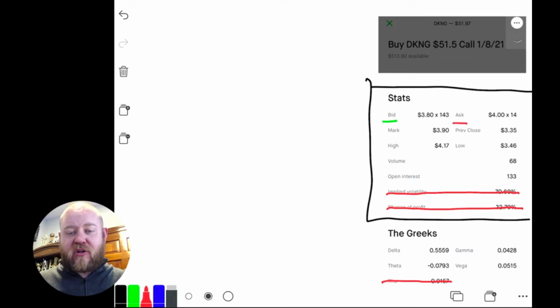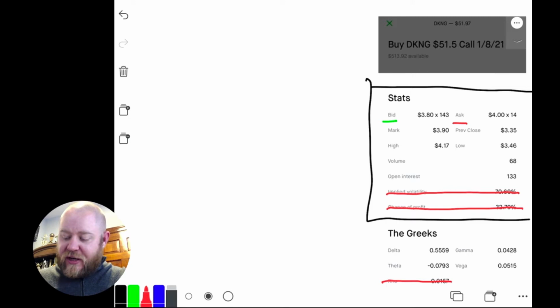So remember, we talked about this in the first video. An option is a contract between a buyer and a seller for the right, not the obligation, to buy 100 shares of the underlying stock, in this case DraftKings, for the strike price. So the bid is the buyer, the ask is the seller.